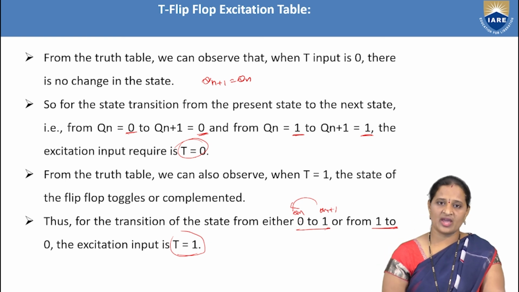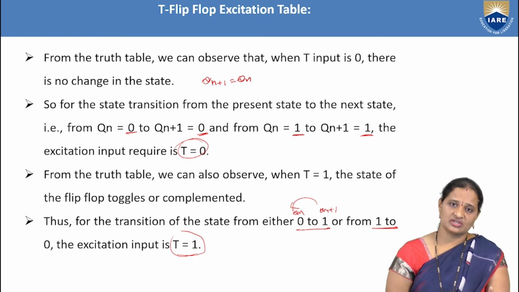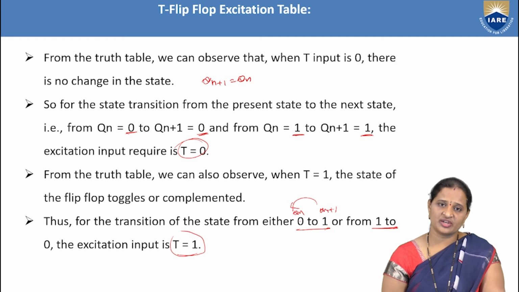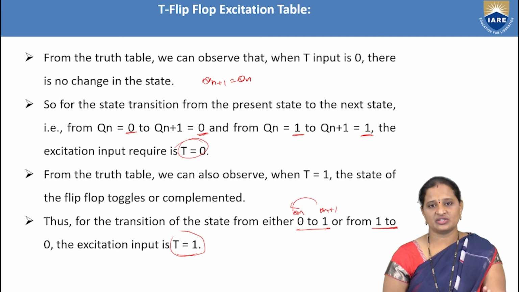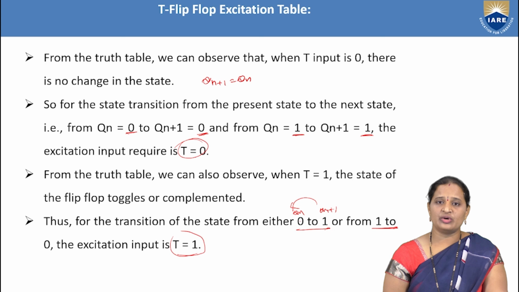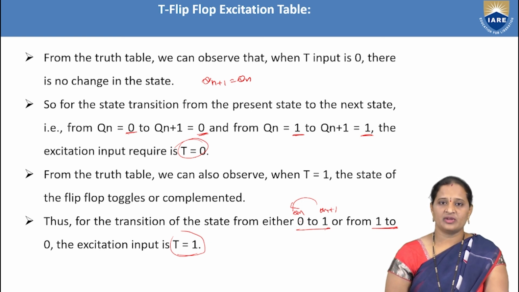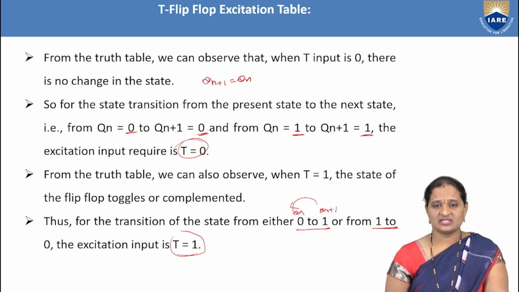Even in sequential circuits we have synchronous sequential circuits and asynchronous sequential circuits. So to design synchronous and asynchronous sequential circuits, we will be using these excitation tables, and hence you must be familiar with these excitation tables.